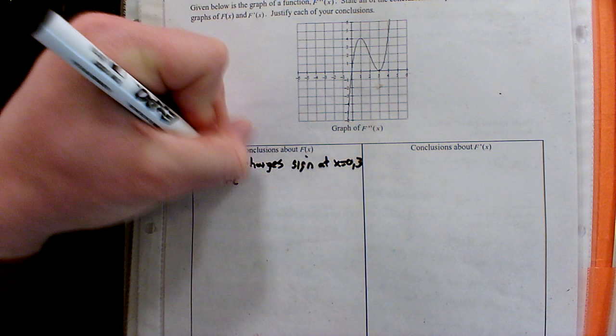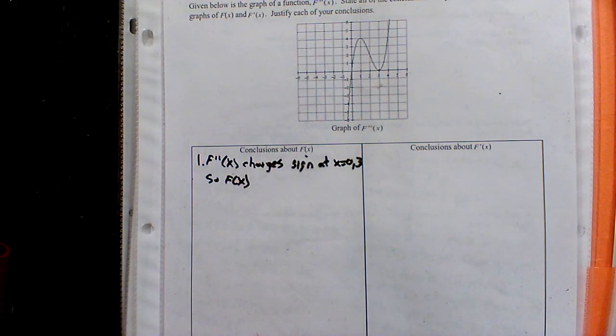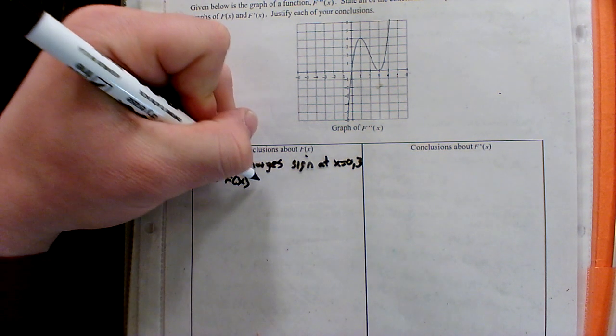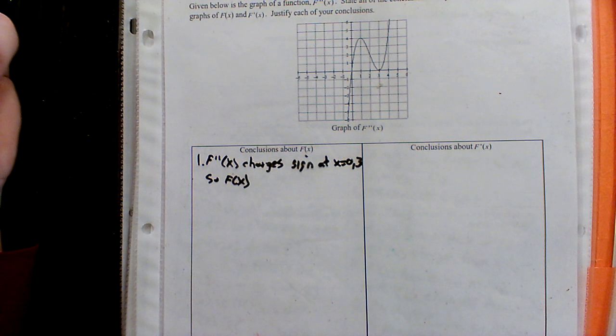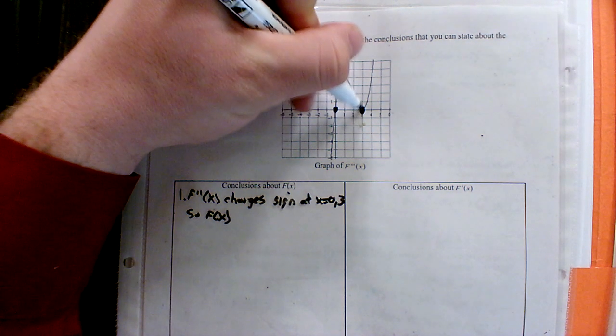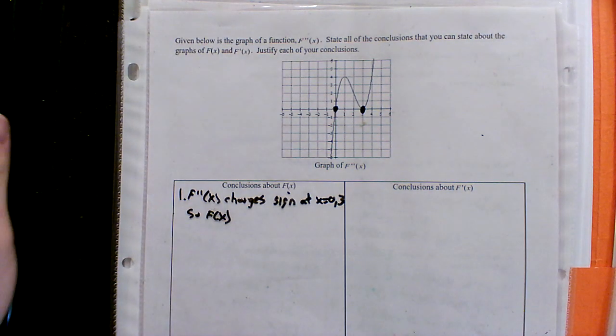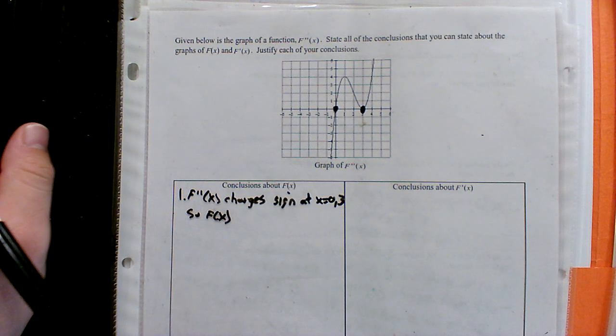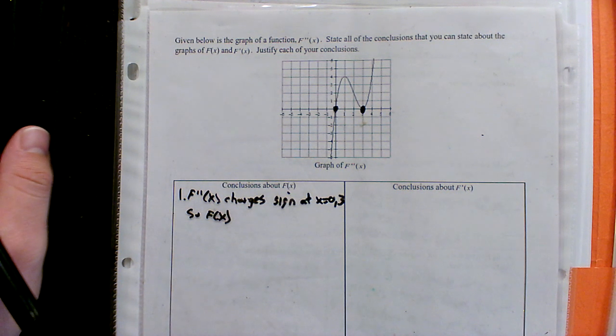So, the original f of x, what do we know about the original f of x? We know the second derivative is changing signs at 0 and 3. But what's happening on the original function at those points?